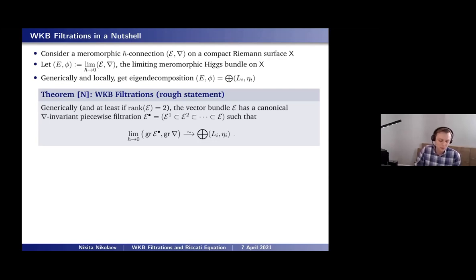So the way to access it is what I call WKB filtrations.